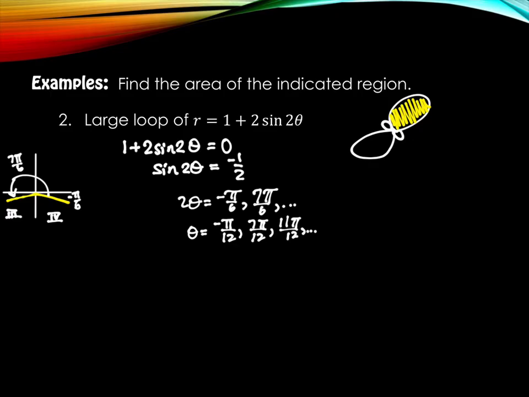If you want to manipulate with it just so that you can see, if we had done 7 pi over 12 to 11 pi over 12 and we graphed it, you can see we get one of the little bitty loops. Okay, so the calculator is a good resource for us making sure that we have the values we need for the right loop that it's being described, if there's a difference, which this one there was.